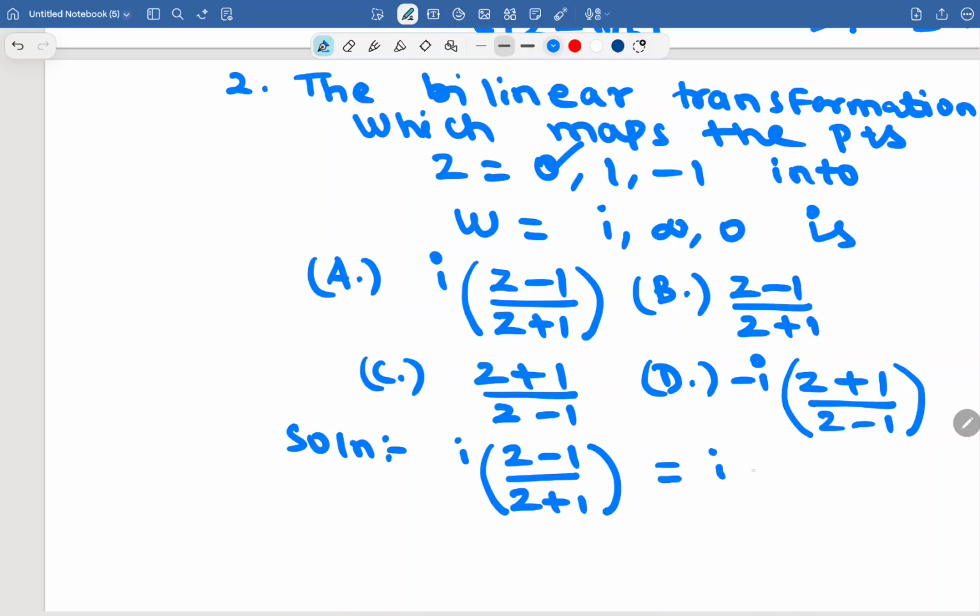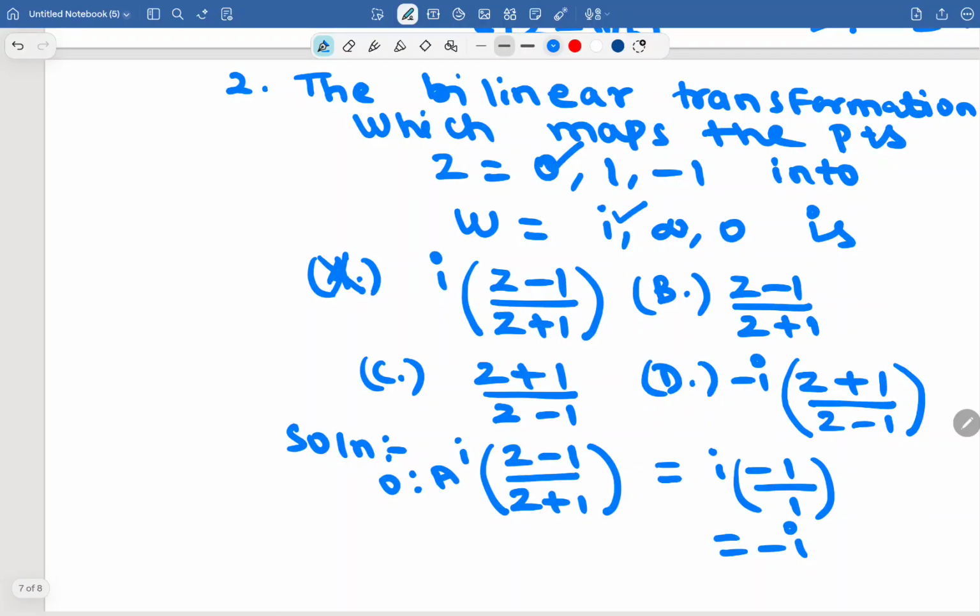It becomes I minus 1 by 1. Answer is minus I. If I substitute z equal to 0, W value must be plus I, but I am getting minus I. First option, wrong one.